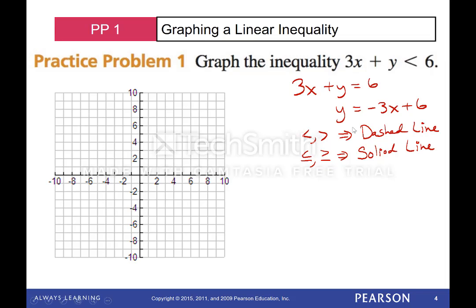I think we know how to graph y equals negative 3x plus 6. Start off at 6. The slope is negative 3, so we're going to go down 3, 1, 2, 3, and 1 to the right. That gets me the second dot. And can we keep on going? Absolutely. We can go another 1, 2, 3 over 1, and another 1, 2, 3 over 1.